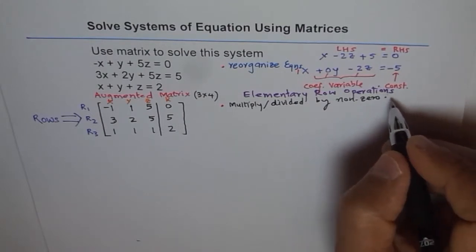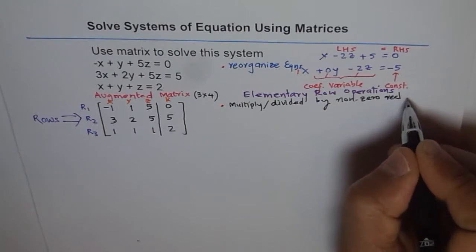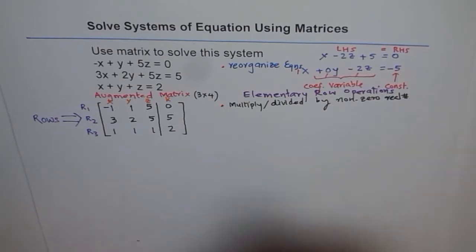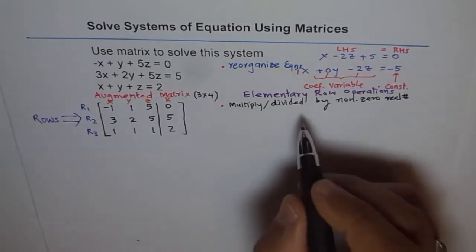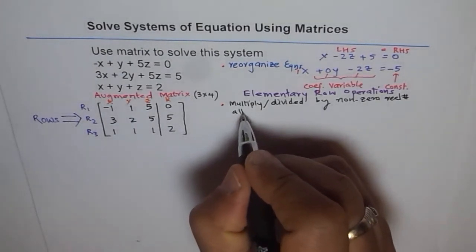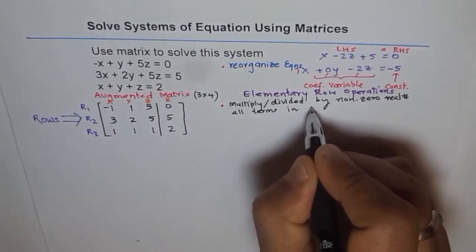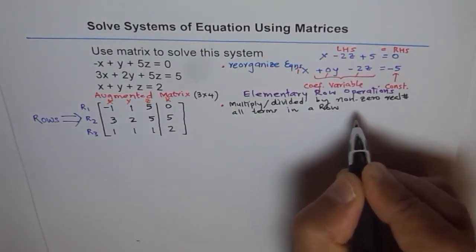Non-zero numbers, let's say real numbers, non-zero real numbers, okay? So real numbers. So we can multiply, divide by non-zero real numbers, all the terms in a row. That is what we can do.